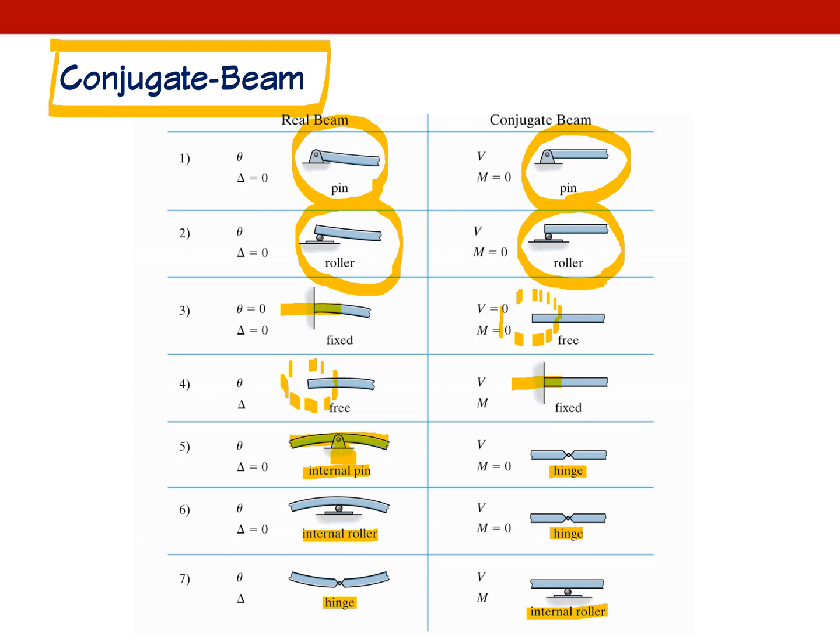There are several, but if you memorize two or three things, then you can find the rule. So you are going to use this table to convert the real beam to the imaginary beam named the conjugate beam.